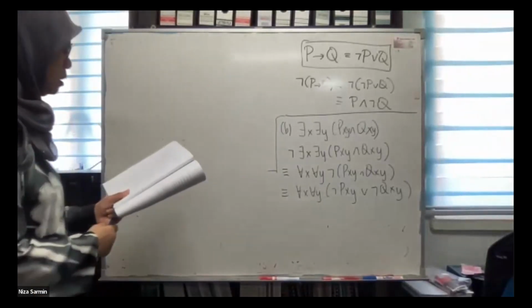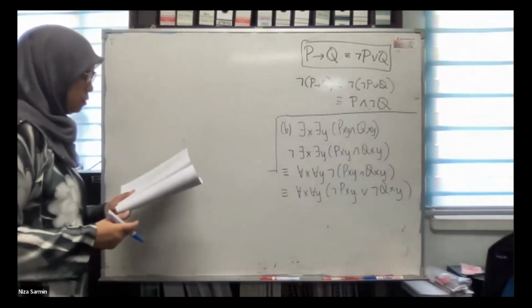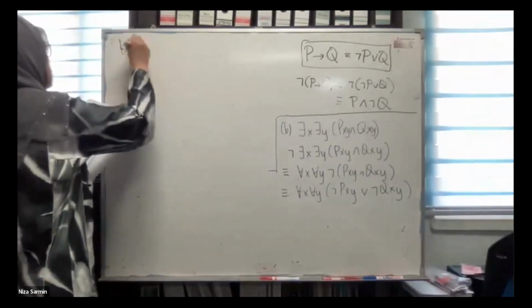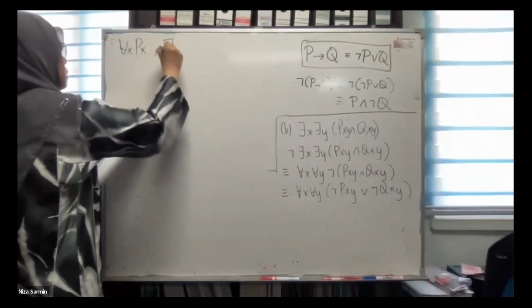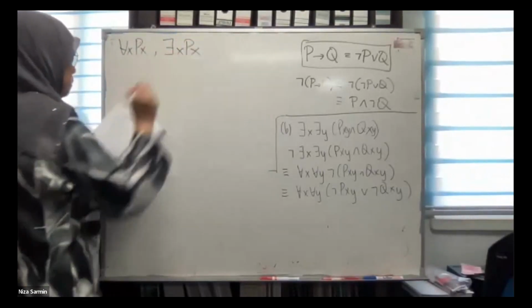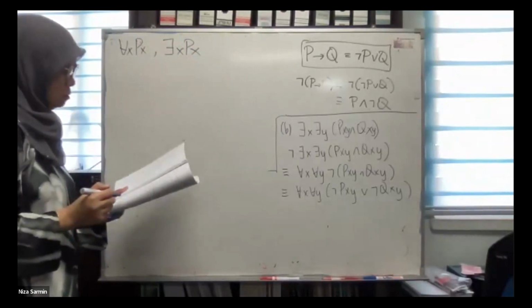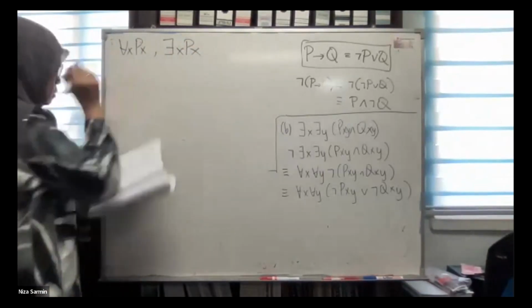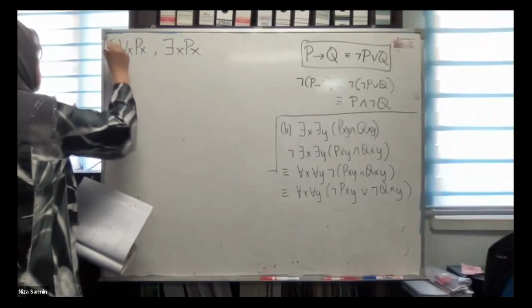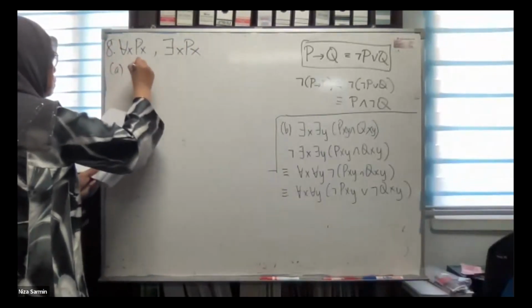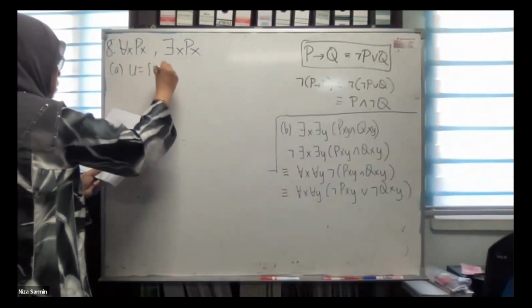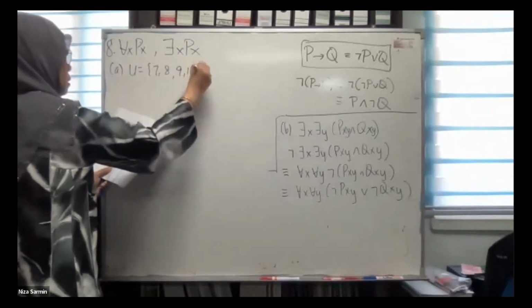Okay. Determine the truth values of for all X, Px, and there exists X, Px. Okay, so A: U is 7, 8, 9, 10.